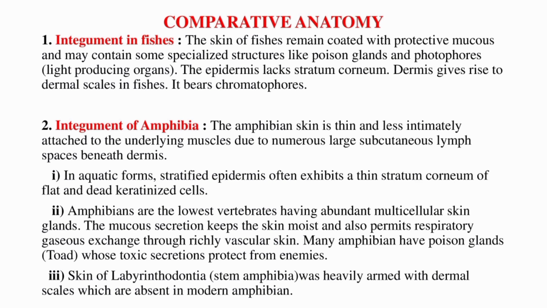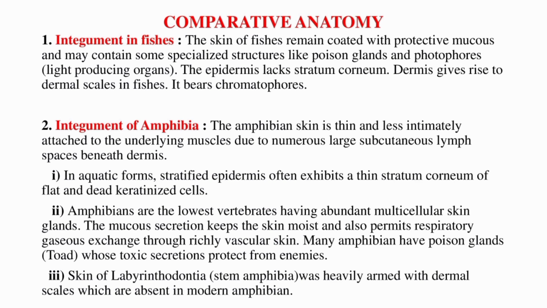Next, integument of amphibia. The amphibian skin is thin and less intimately attached to the underlying muscles due to numerous large subcutaneous lymph spaces beneath the dermis. In aquatic forms, stratified epidermis often exhibits a thin stratum corneum of flat and dead keratinized cells. Amphibians are the lowest vertebrates, having abundant multicellular skin glands.